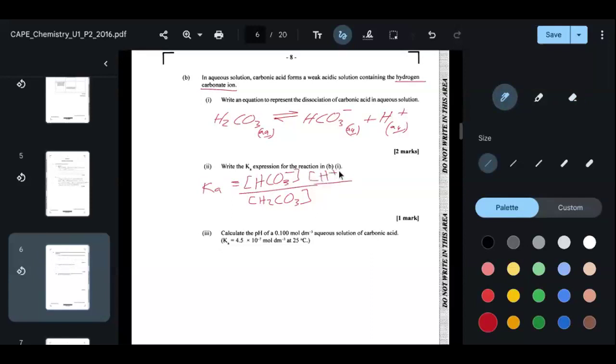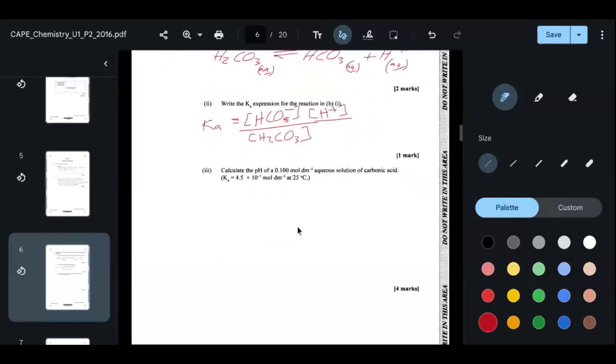In terms of your calculation, you can just put H plus squared. But if they're offering a mark for the Ka expression, just put everything. For future reference, I will check if they will offer the marks for H plus squared.